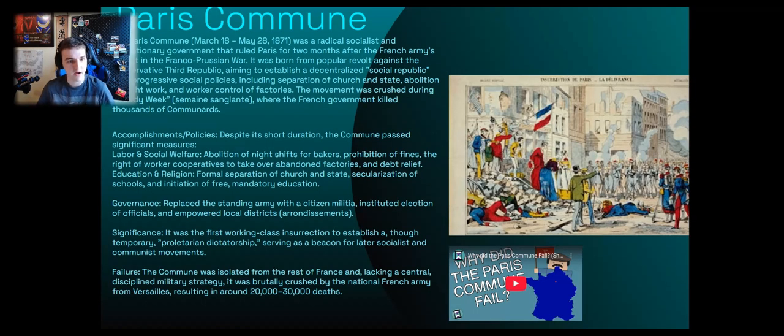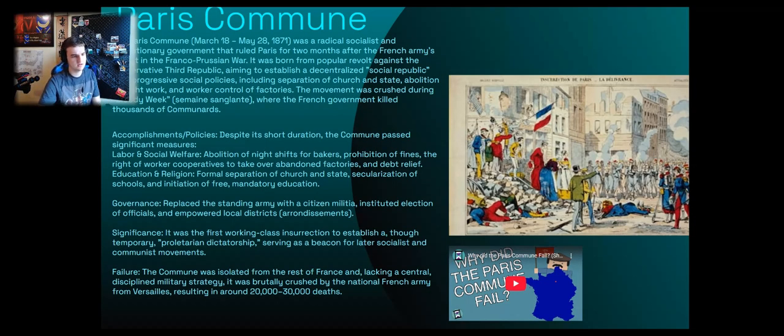It was born from the popular revolt against the French conservative Third Republic, aiming to establish a decentralized social republic with progressive social policies, including the separation of church and state, abolishing night work, and workers' control of the factories. The movement was crushed during the Bloody Week, the Semaine Sanglante, which I'll get to later, where the French government killed thousands of communards.